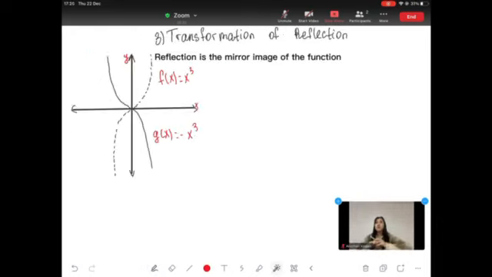Third, transformation of reflection. Reflection is a mirror image of the function. When the points are reflected over a line, the image is at the same distance from the line as the pre-image, but on the other side of the line.